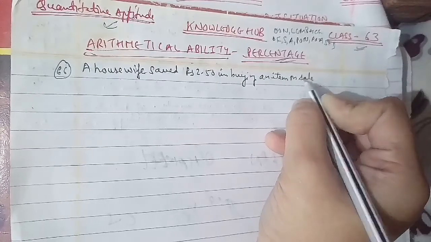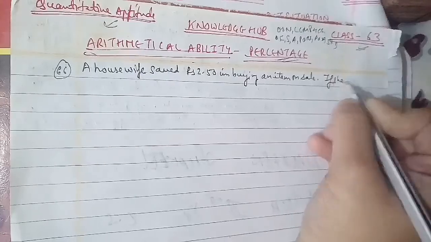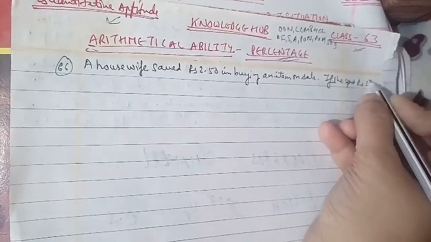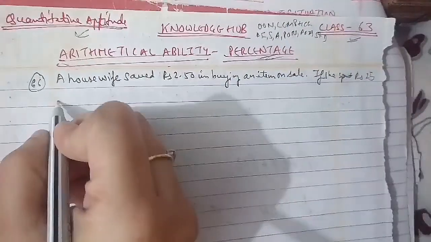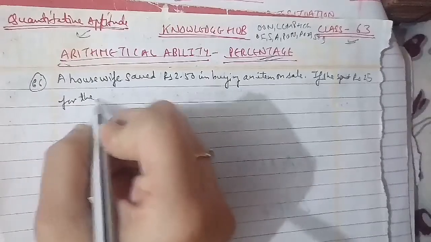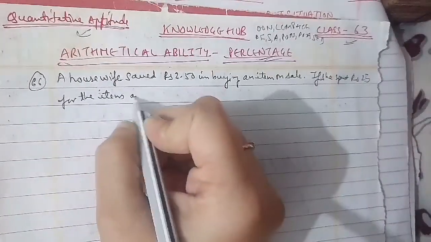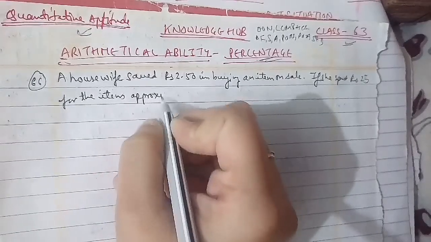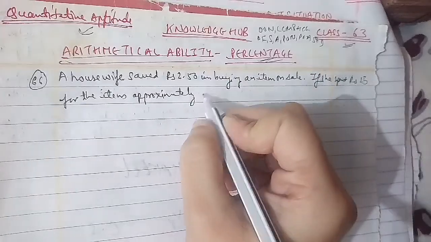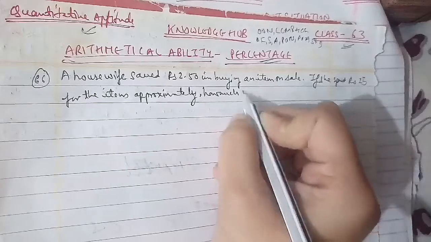If she spent rupees 25 for the item, approximately how much percent she saved in the transaction.